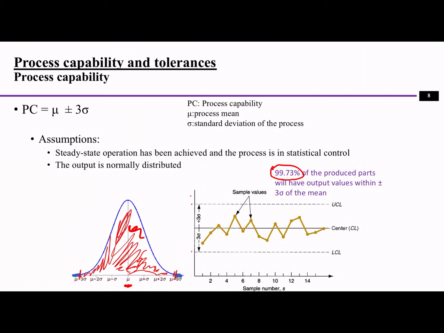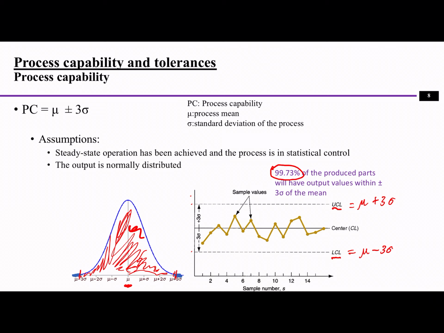Usually you're going to set up an upper control limit and a lower control limit, right? The upper control limit equals the mean plus 3 sigma, and the lower control limit equals the mean minus 3 sigma.